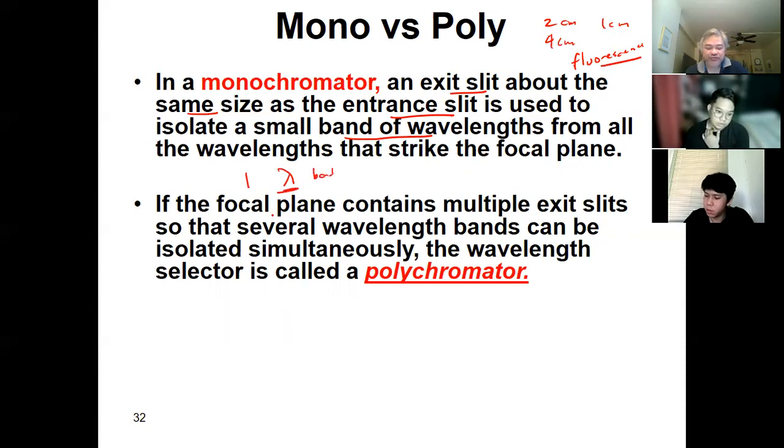Usually you only have one wavelength band at a time. You isolate it, and different wavelength bands can be selected sequentially by rotating the dispersion element.